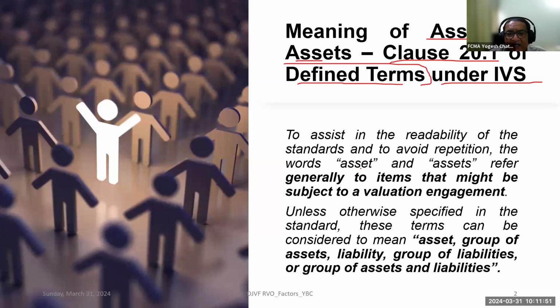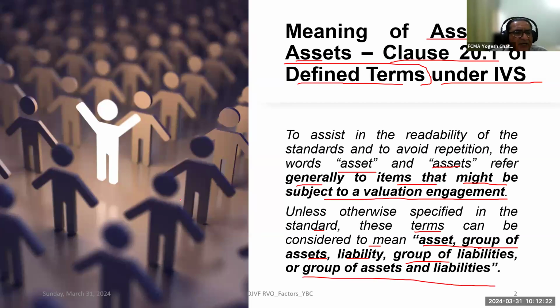Going by that, the terms asset and assets refer generally to items that might be subject to a valuation engagement. Unless otherwise specified in the standard, these terms can be considered to mean an asset or a group of assets, or a liability or a group of liabilities, or a group of assets and liabilities.